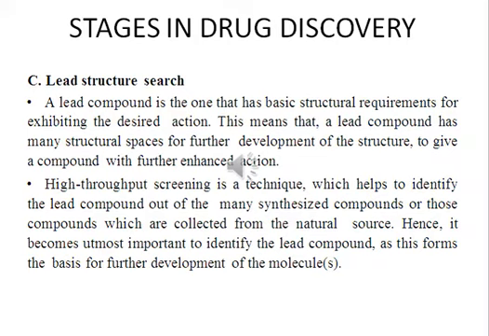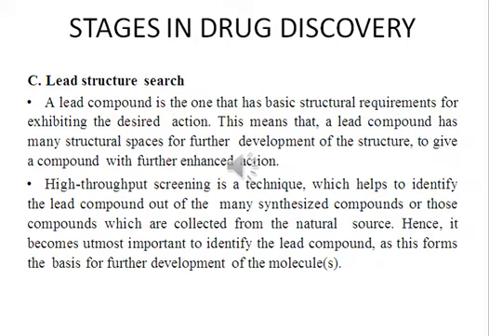When we synthesize different compounds from the lead, we make use of HTS, that's high throughput screening, and this technique helps to evaluate the synthesized compounds for the desired biological activity, to identify which of these compounds derived from the lead is the further lead of our study.